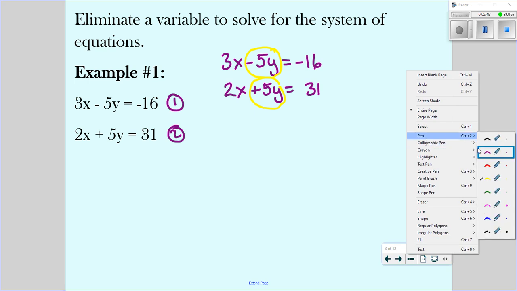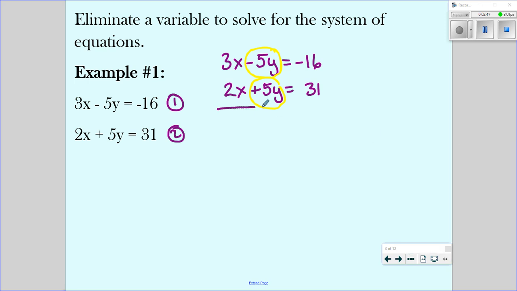That's the way that I will eliminate that, so that way I can solve for the x's. So this will give me 0, and when I add those two, this will give me 5x. They're like terms, so you can do that. And then for the other one, negative 16 plus 31 will give you a positive 15.